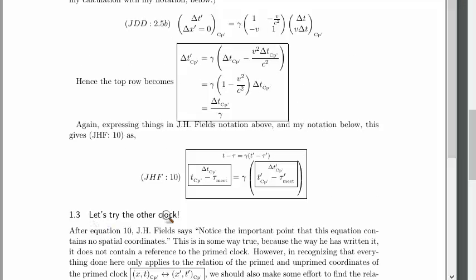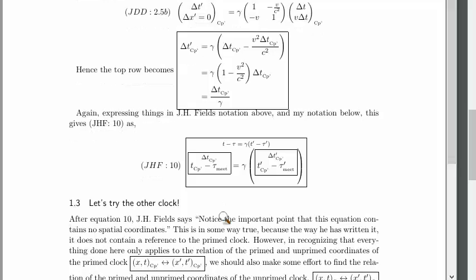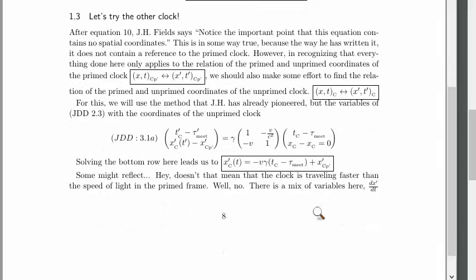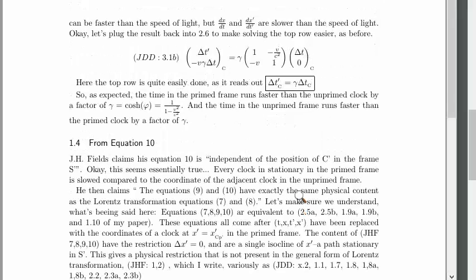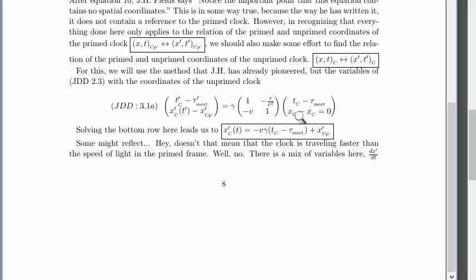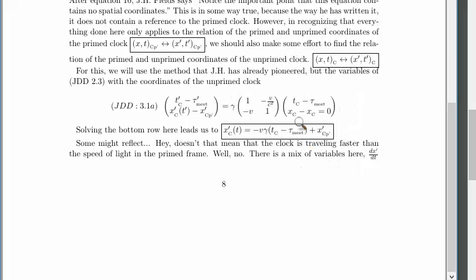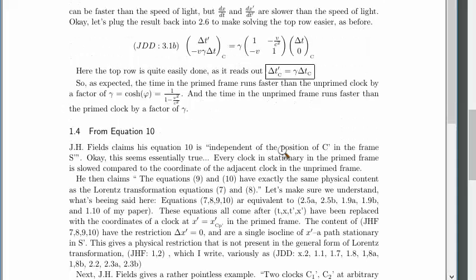But if you try the other clock, the one that is stationary in the unprimed frame, you find, where does the 0 go? The 0 is over here. The x of the clock minus x of the clock is 0. And that ends up being over here. When you solve that equation in the same way, you end up with the change in the actual time on the clock is over here.